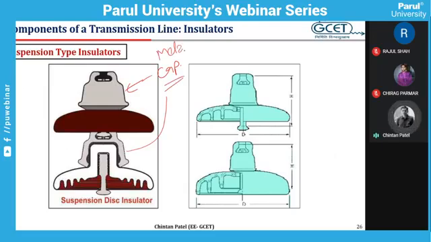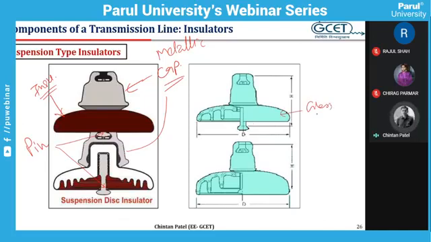So this is the metallic cap, and this inner part and this lower part are known as the metallic pin. So these two are metallic components, and in between the metallic cap and pin, there is an insulating material, either ceramic or glass.